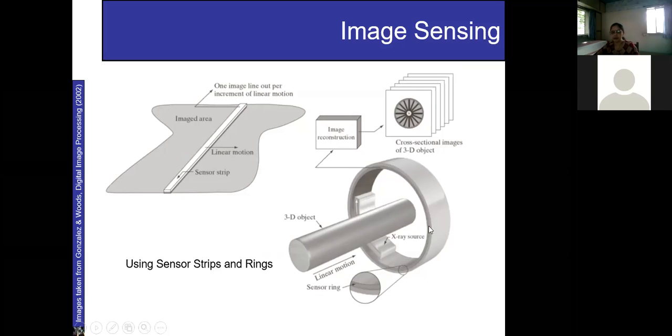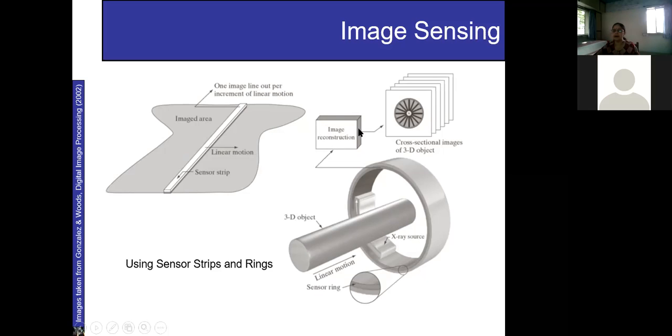Say in the first scan, you are capturing the cross section at this end of the object. Now, if you move this object inside, then you can get the next cross section. If you move it inside further, you get the third cross section, fourth cross section, and so on. Similarly, you can capture all the cross sections of this object.